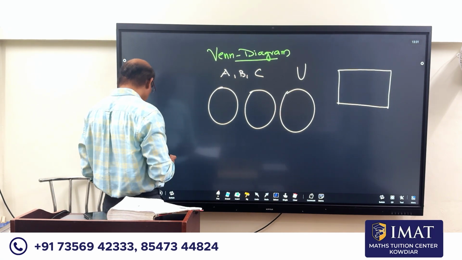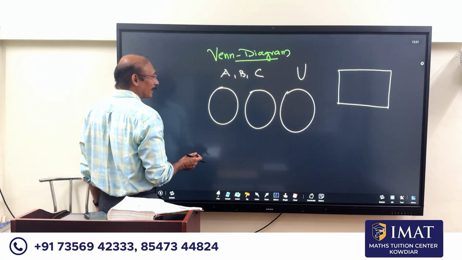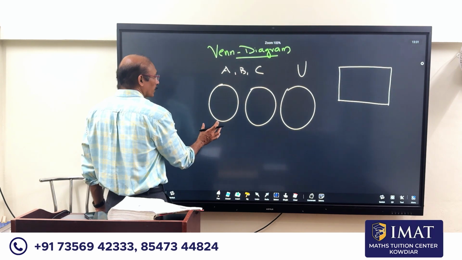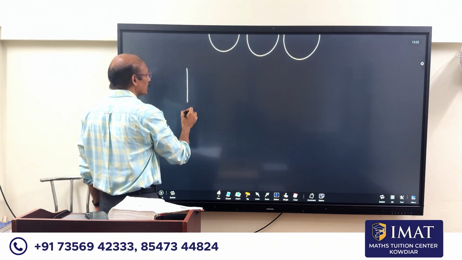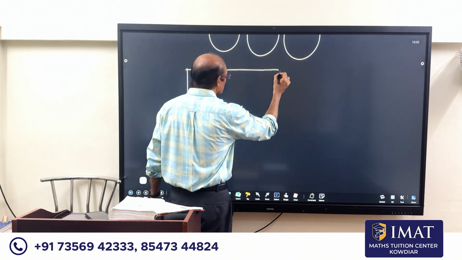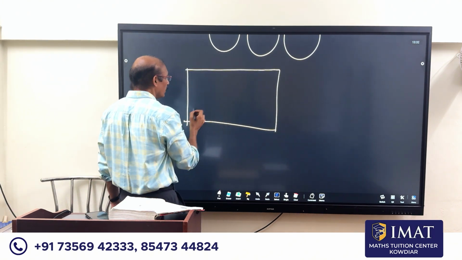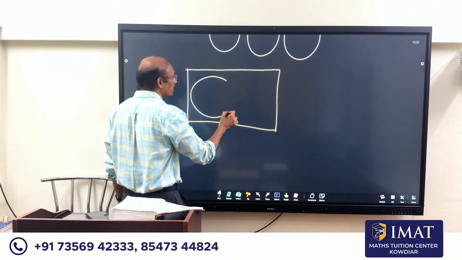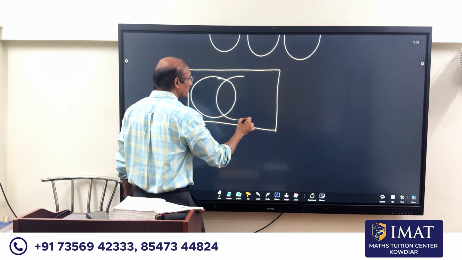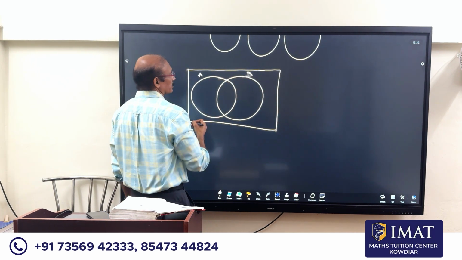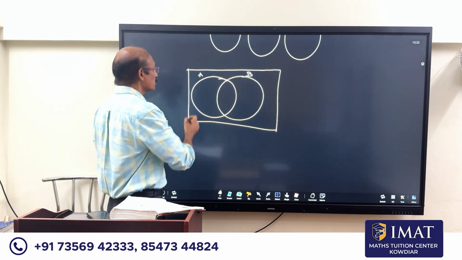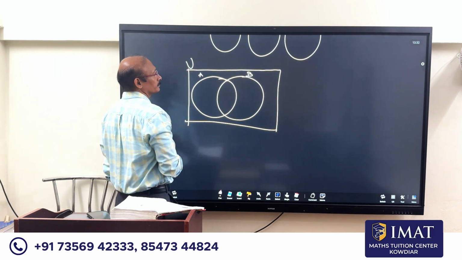Now, how do you represent this? What is the need for representation? You will get a little more clarity about the topic which you are studying. Suppose I take a case like this. I take a universal set, and in that, I take two sets A and B, like this. See, this is one representation of the two sets. This is the universal set.